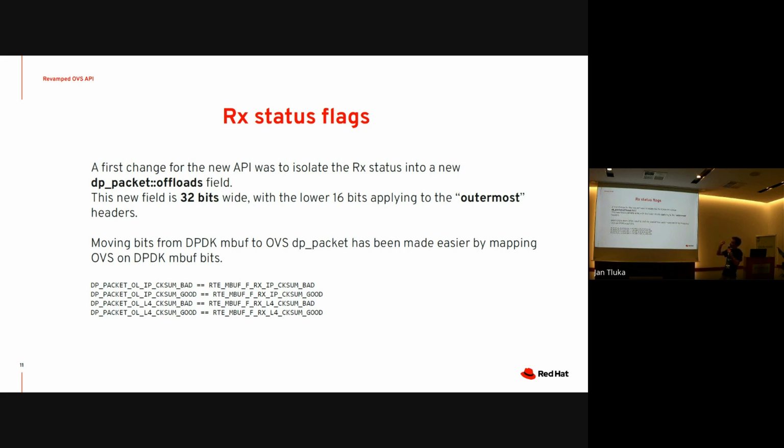But since we need to translate from the DPDK API, I have some bias for DPDK. So I help the DPDK driver and just align the inside bits to the DPDK API.